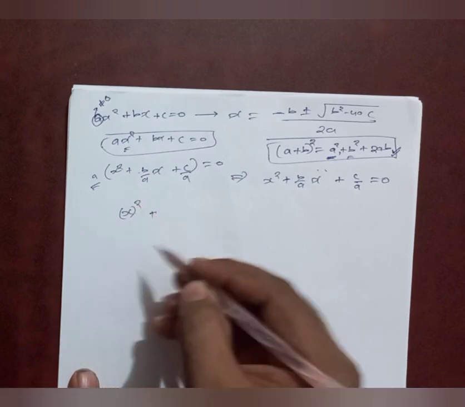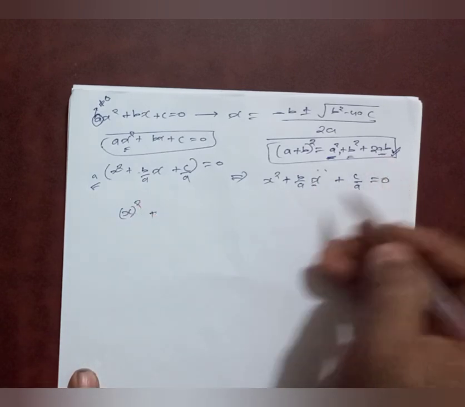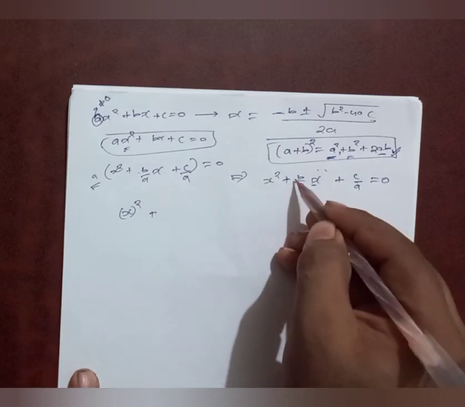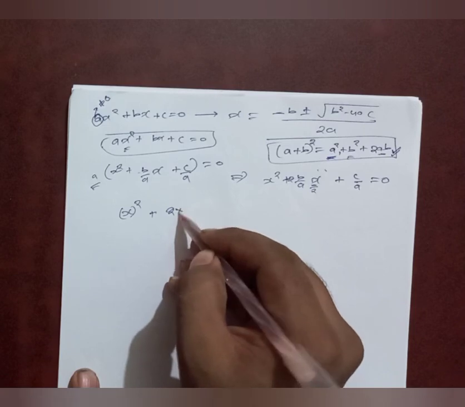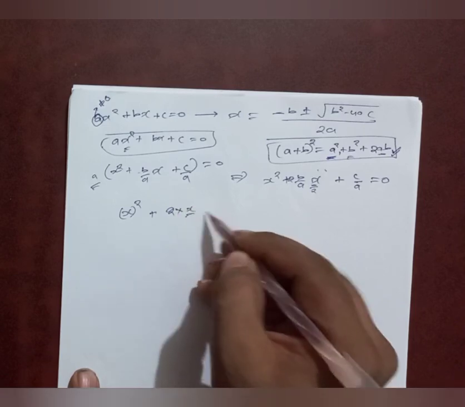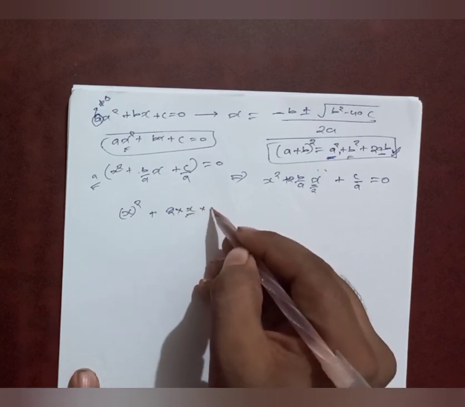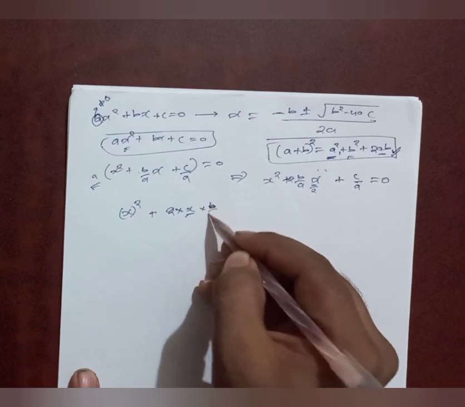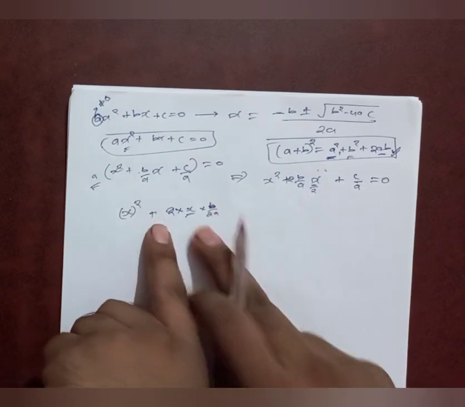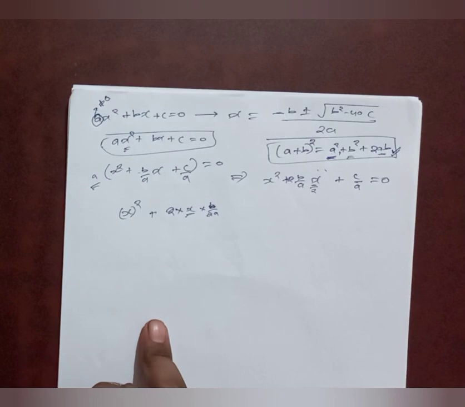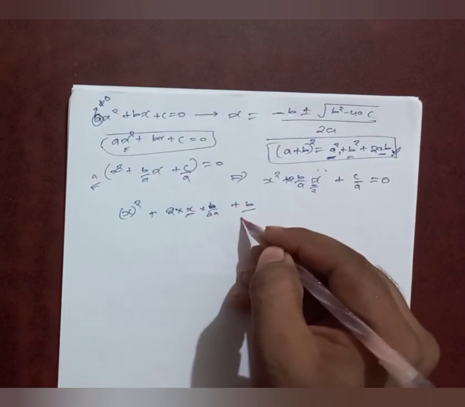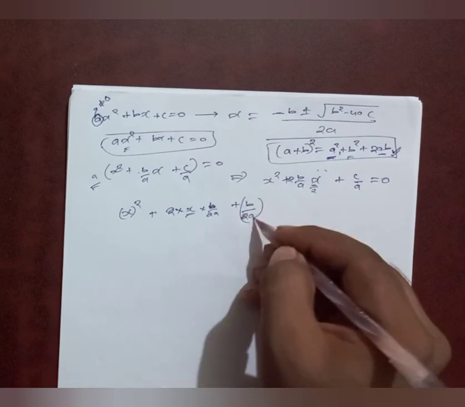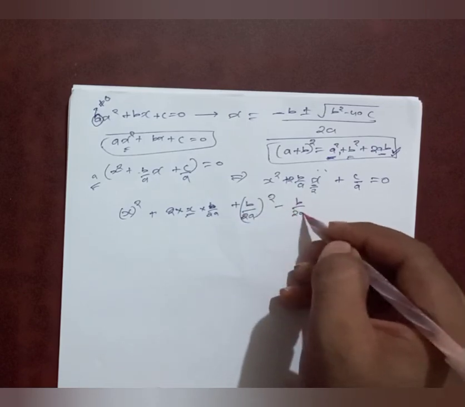In place of 2ab, I am multiplying and dividing this by 2, so it becomes 2 into x, that is a, into some constant which is b by 2a. So to convert this into a plus b whole square, I also want b square by 4a square. For that I will add and subtract b by 2a whole square to this equation such that it won't change.